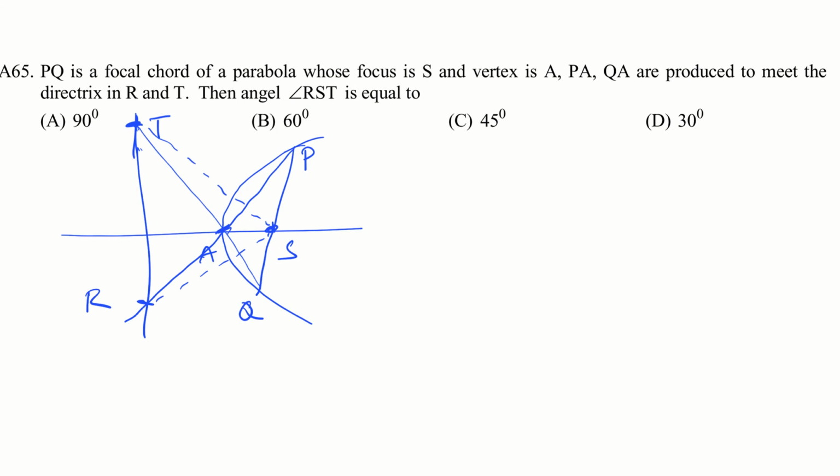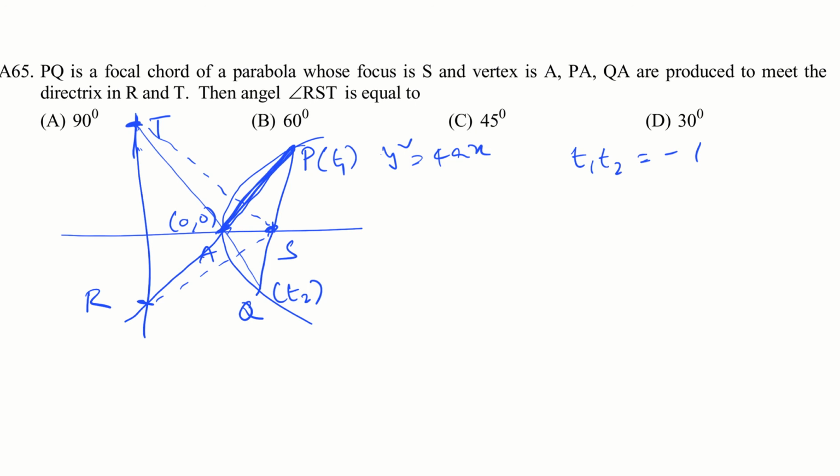So in this problem, everything is evident from the diagram. I am taking our parabola as the standard parabola y^2 = 4ax. If I take P as t1 and Q as t2, because it is a focal chord, we have t1 t2 equal to minus 1. Now let me write the equation of PA. A is (0,0). So I can simply see it as the chord joining t1 and t2, where t2 is 0 here.